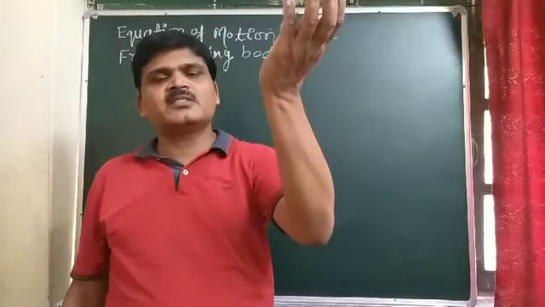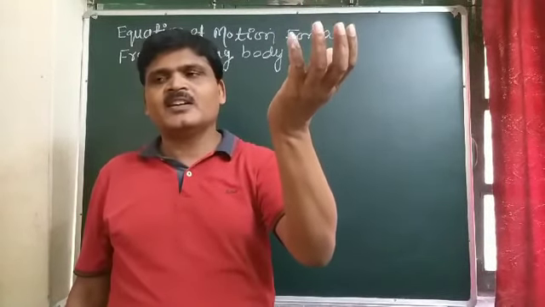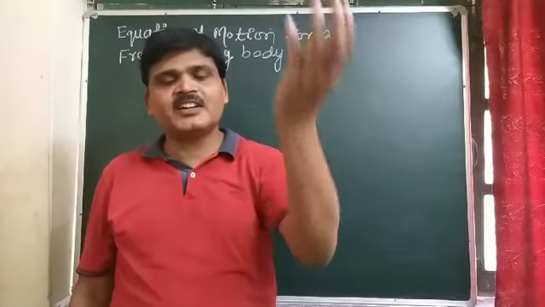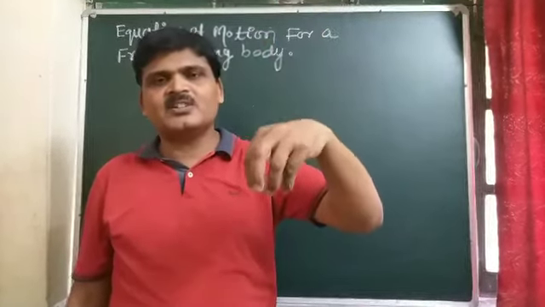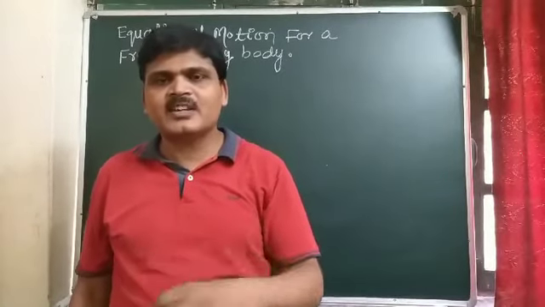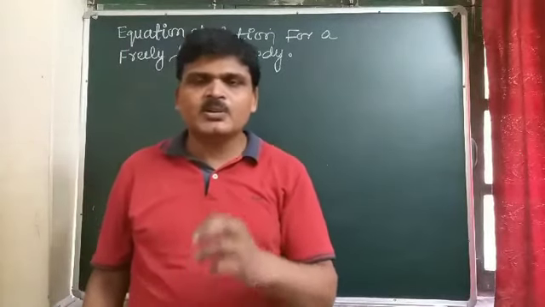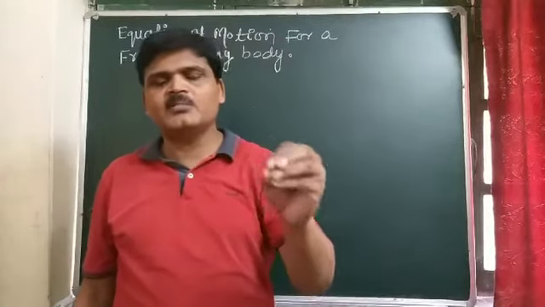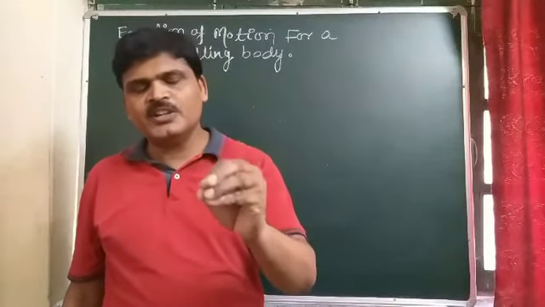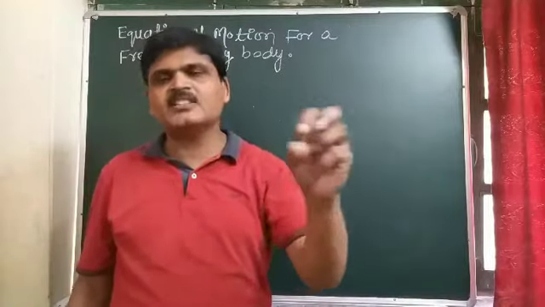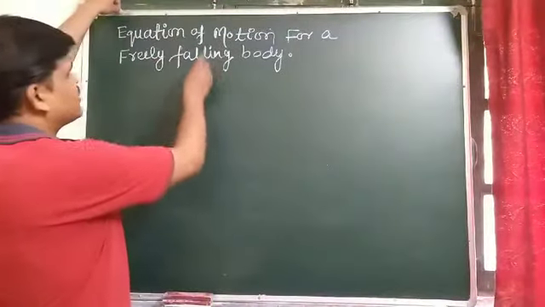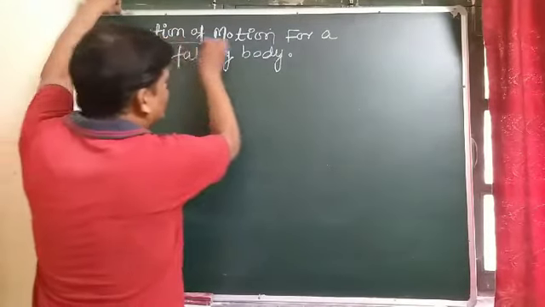When the object is thrown in the upward direction and the velocity is decreasing, acceleration due to gravity is taken to be negative. So there will be a small change: a is replaced by g, and distance s is replaced by height h. So the equations of motion for a freely falling object.